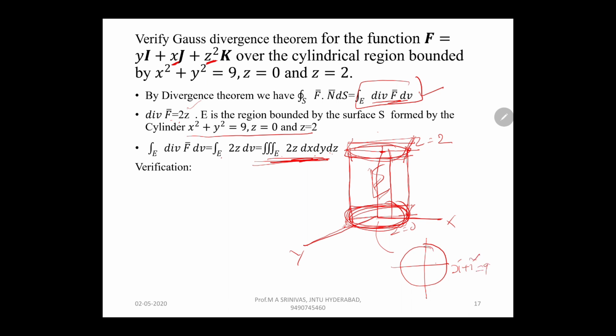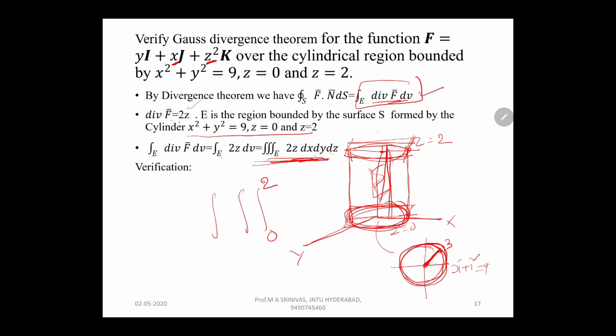So x and y vary here, z varies from 0 to 2. So I'll apply cylindrical polar coordinates. Here r varies from 0 to 3, theta varies from 0 to 2 pi, and z varies from 0 to 2. Or else, if somebody is not well versed in triple integrals with cylindrical polar coordinates, the z limits are anyway easy for them. It is 0 to 2.